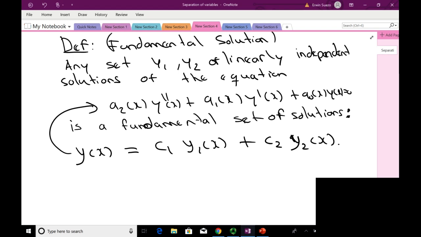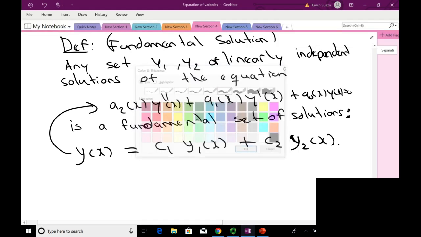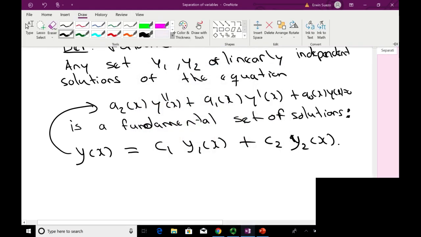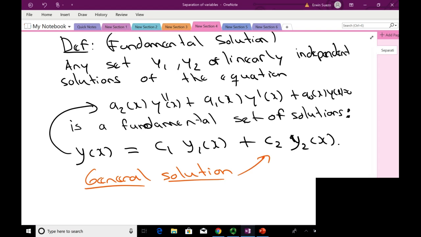So this is called the general solution. And what we will see is that basically they come out from the quadratic formula, which is what we learned in high school. But it has to be homogeneous.